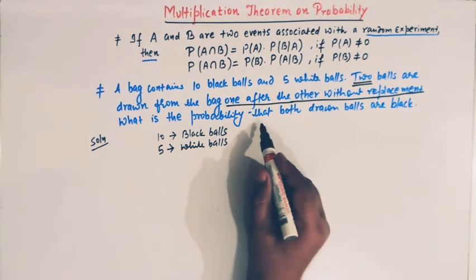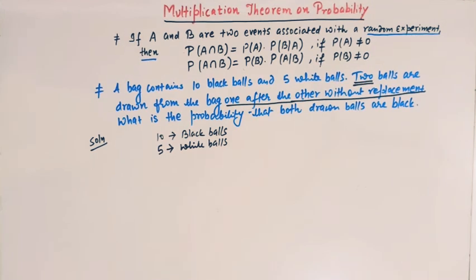So what is the probability that both drawn balls are black? So here we have to find the probability that both the drawn balls are black.